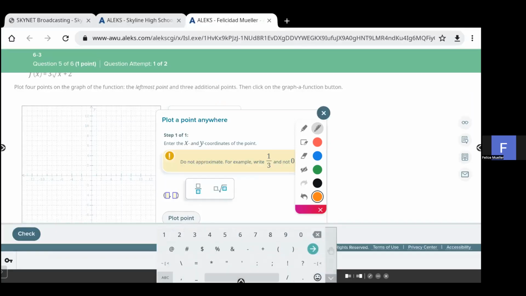So I'm going to plot my points 0, 2. We're going to do 1, 5. We're going to do 4, 8. And then 9, 11.